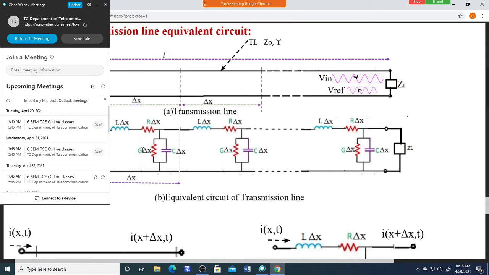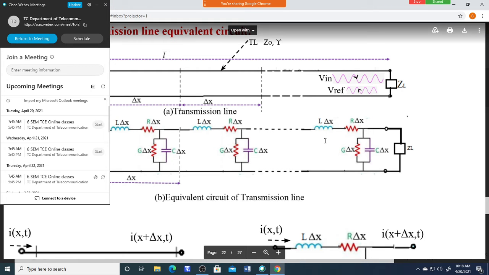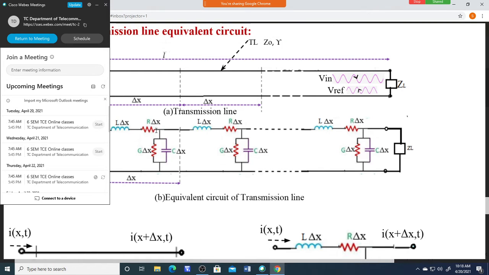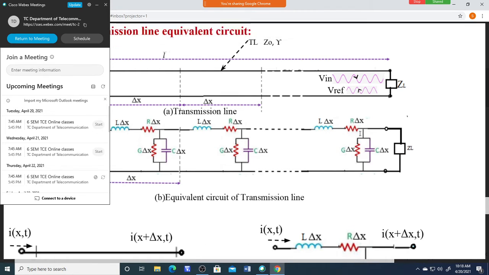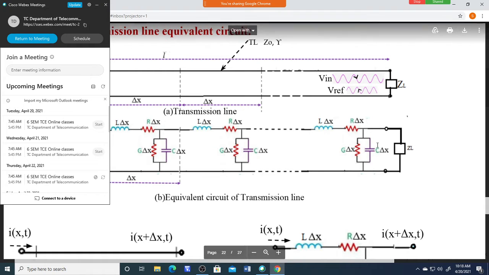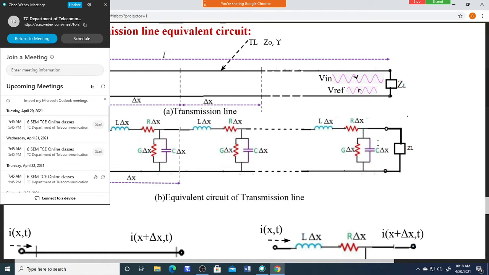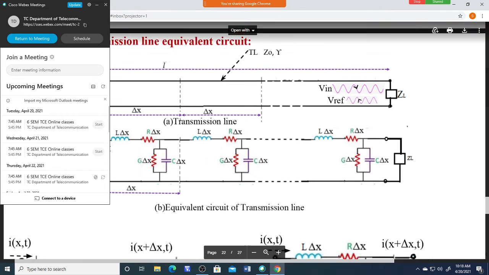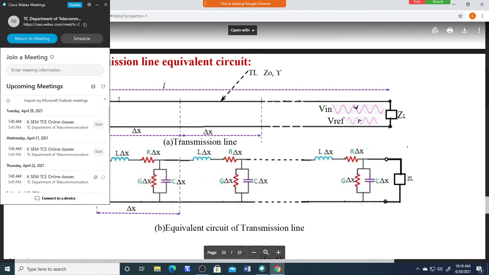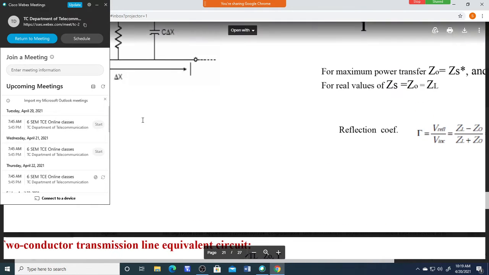So it is a cascade connection of many such networks, a cascade connection of T networks. The signal passes here, and because of all these components, it will have a difference in phase and amplitude here. As I said in the previous class, every transmission line has a characteristic impedance.